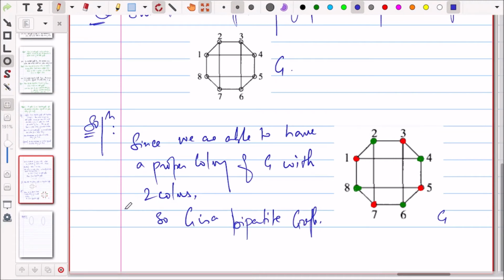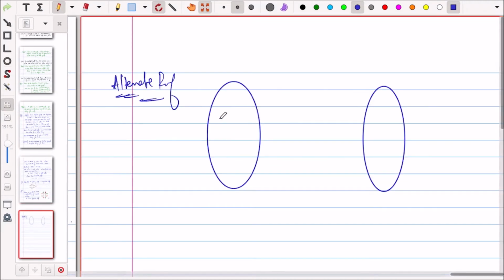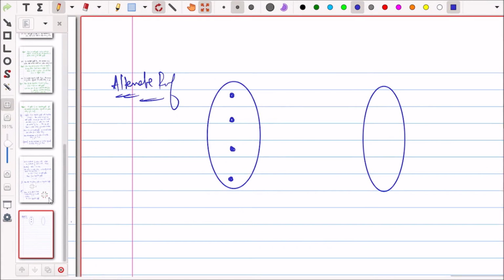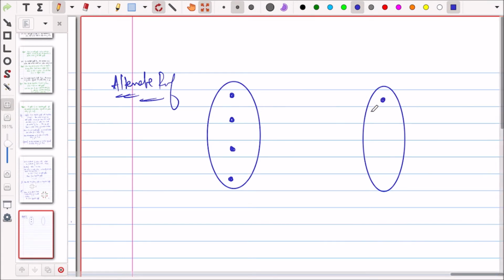So 1 3 5 7 in one set और दूसरे में 2 4 6 8. Yes. Now just join them.